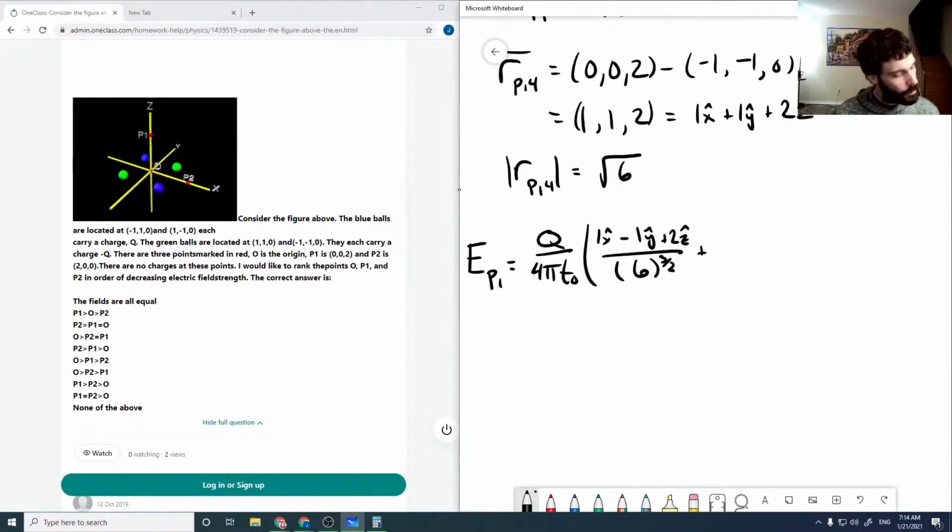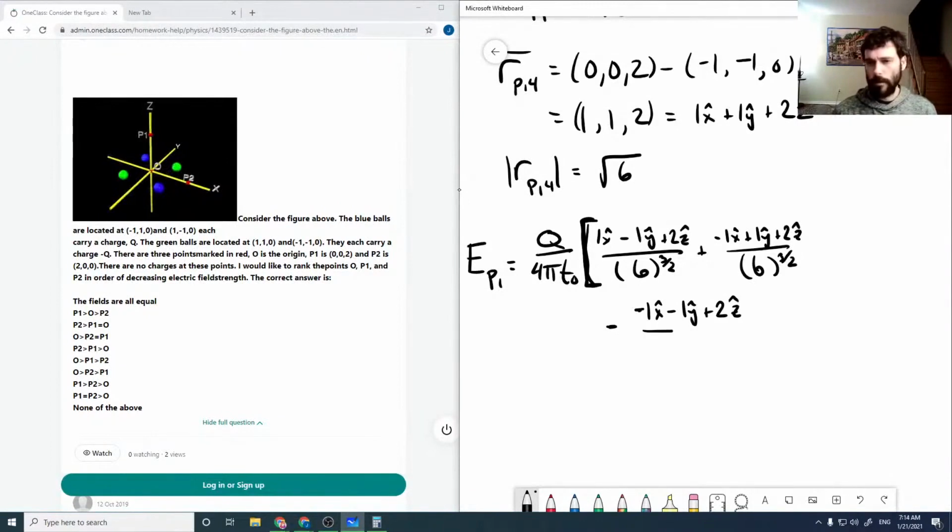Plus our R2 vector, which is minus 1 x hat plus 1 y hat plus 2 z hat over 6 to the 3 halves. I'm just going to make this a big square bracket and write down below just for space reasons here. Minus 1 x hat minus 1 y hat plus 2 z hat over 6 to the 3 halves.